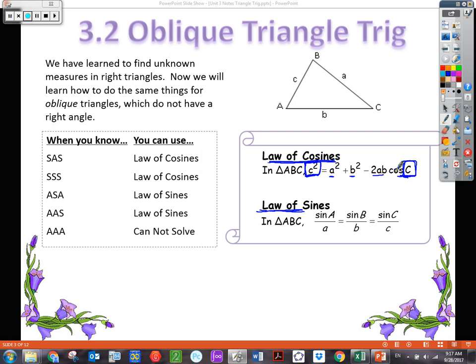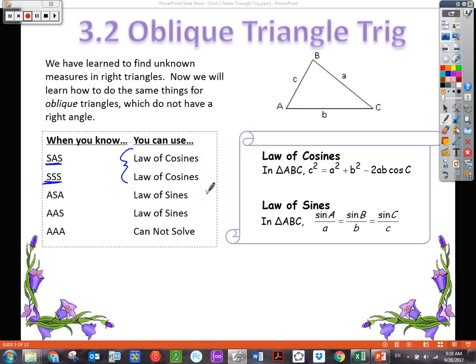So when would we use these? Let's look at the opportunities to use them. If you have two sides and an angle, like side angle side, or all three sides, then you want to use the law of cosines. Basically, if you have more sides than you do angles, you want to use the law of cosines.